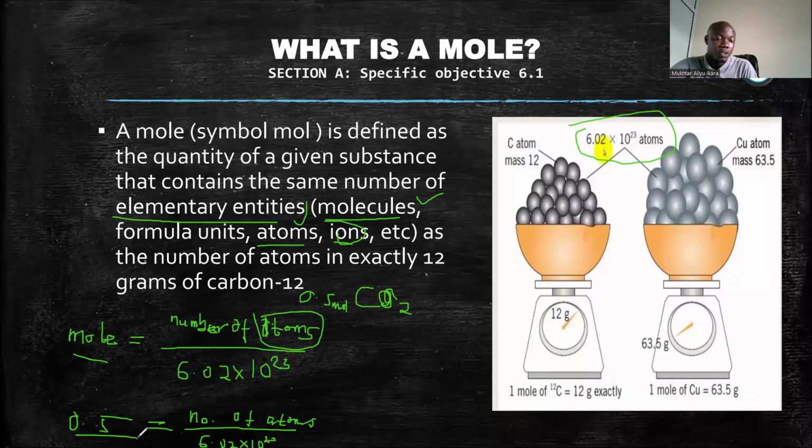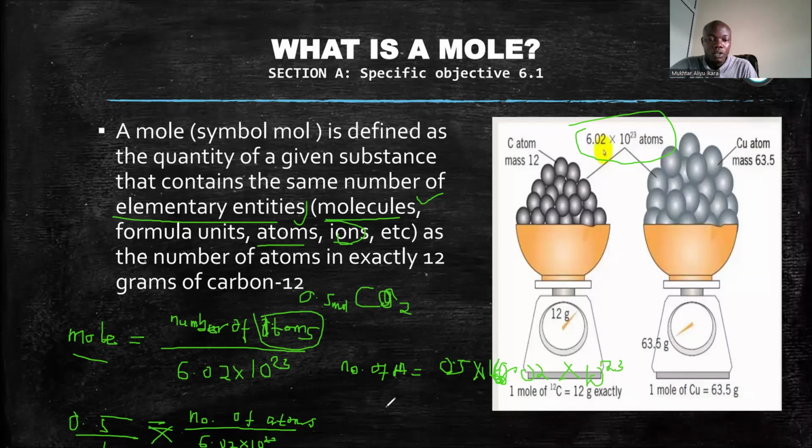From here, you can simply do cross multiplication. The number of atoms is equal to 0.5 times 6.02 times 10 raised to the power of 23.